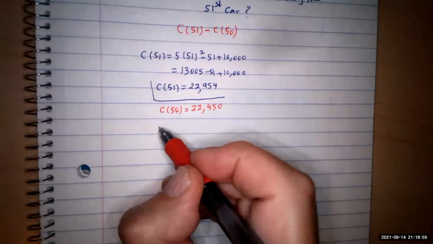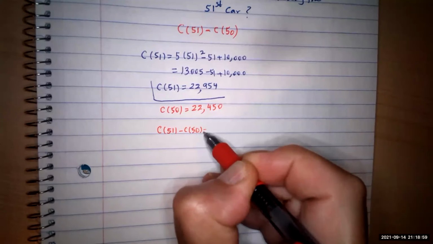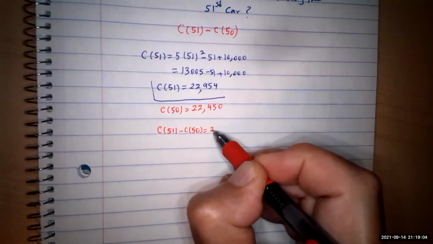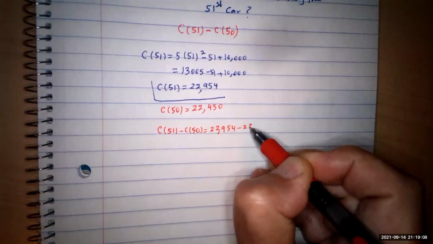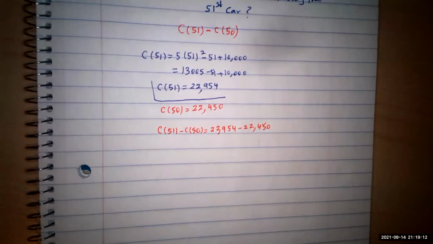If you subtract it, C of 51 minus C of 50 is going to be 22,954 minus 22,450.